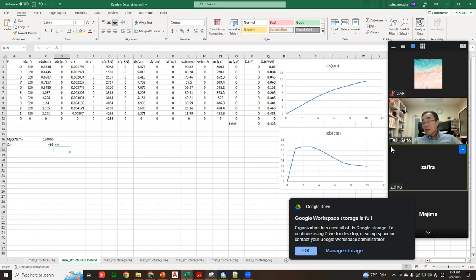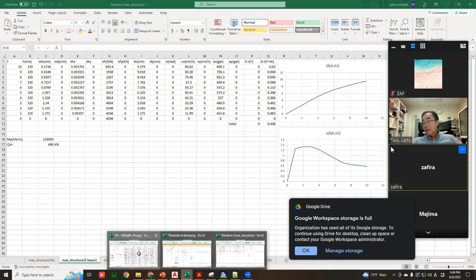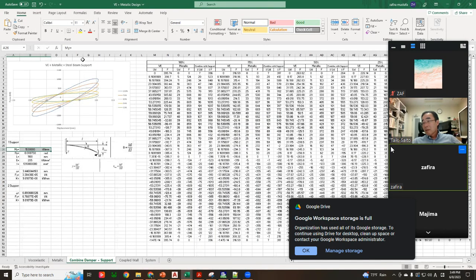But here our My is different. My is this one. This is a length of what? Coupling beam? L. This is only the support, Sensei.